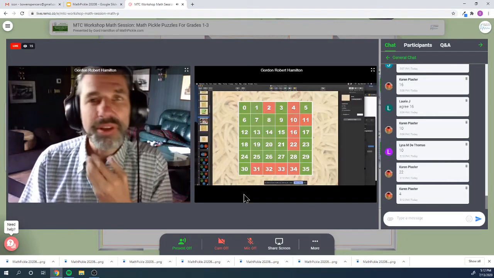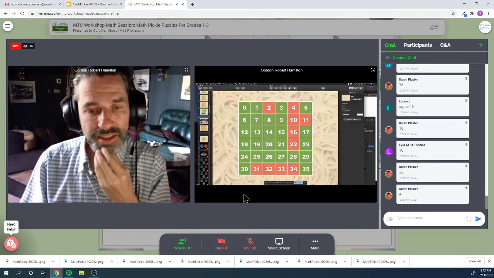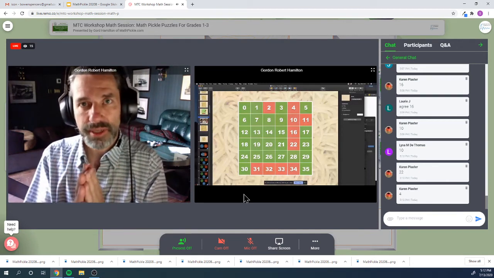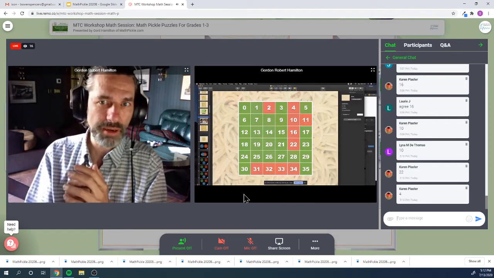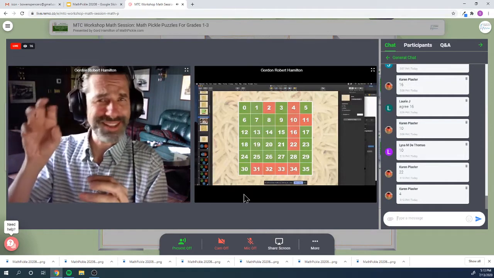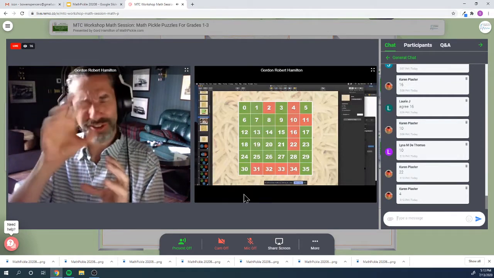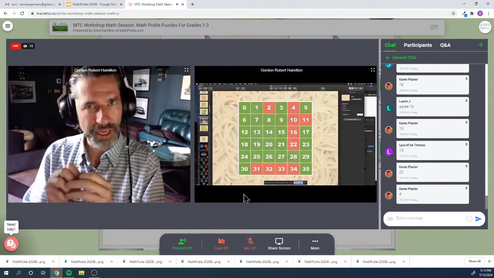What is beautiful about this puzzle and why I'm so proud of it is because you've got patterns here. You've got the 4, 10, 16, 22 pattern. You've got the 11 that looks like it's out by itself. You've got the 2 that looks like it's out by itself. And then you've got the 31, 32, 33, 34 pattern.